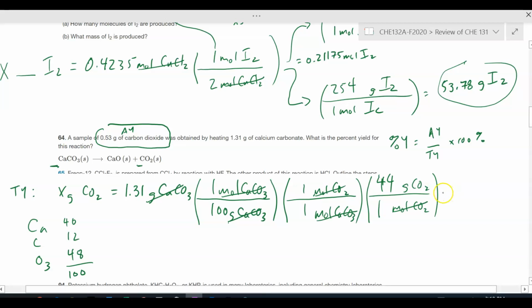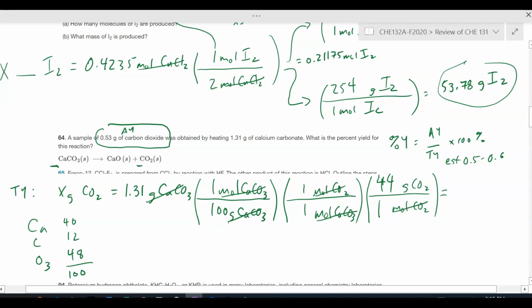All right, so we got 1.31 times 44 divided by 100, so that's going to be about 4/10 of 1.31, so 0.4, I think it's going to be around 0.5, 0.6 is my estimate. So I'll write up here my estimate, 0.5 to 0.6.